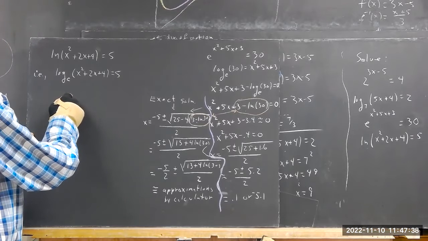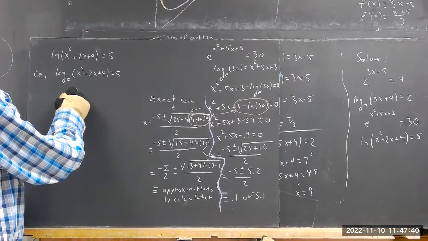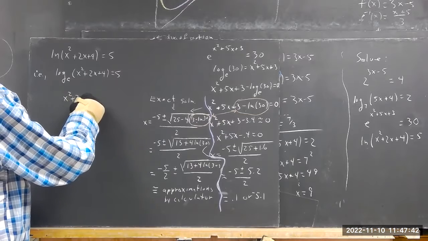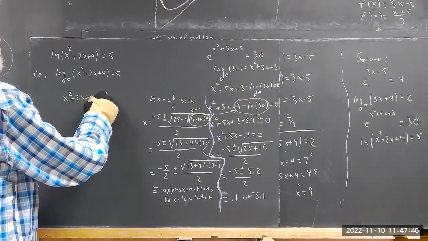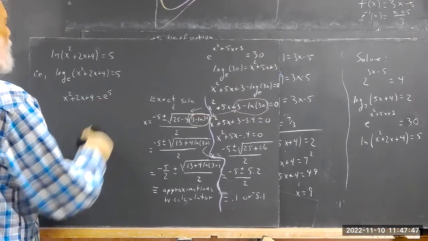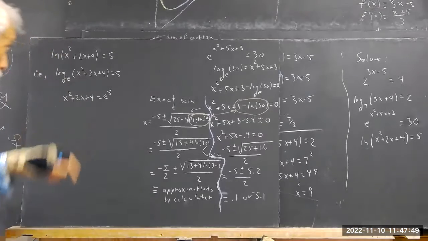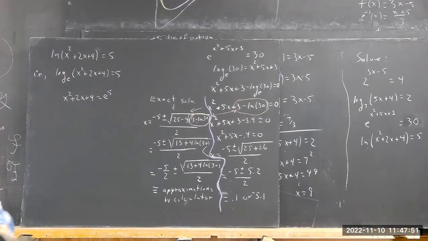Which means that x squared plus 2x plus 4 equals e to the 5th.